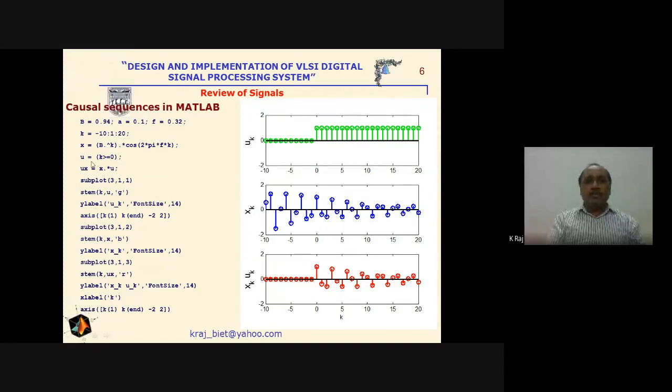So this is the function that will be generated, a sinusoidal function that is damping towards 0, and the nature is cosinusoidal. Now it is damping towards 0 because the value of b is less than 1.